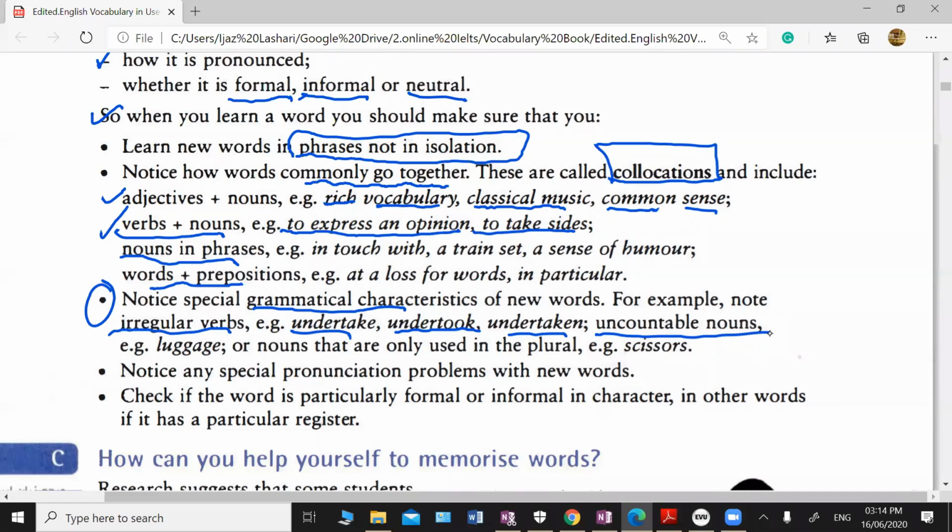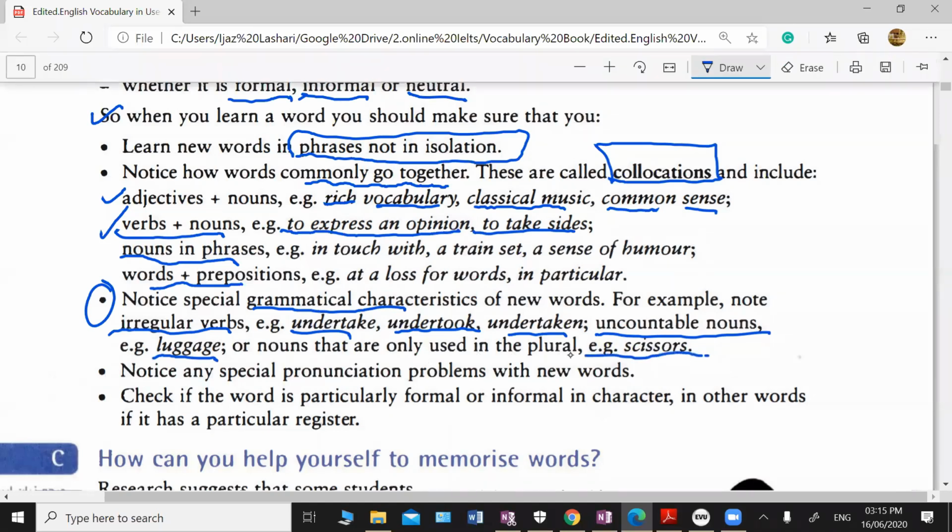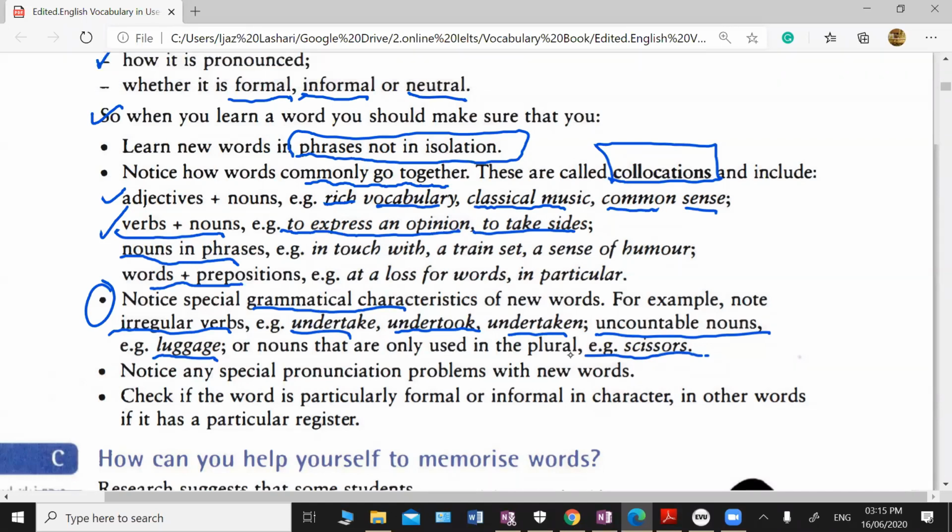Is it a noun, pronoun, adjective, adverb, preposition? Is it a regular verb, irregular verb? Is it countable, uncountable? For example, uncountable like luggage. Or nouns that are only used in the plural, certain nouns which we never use in the singular. They're always used in plurals. For example, scissors, clothes, right?